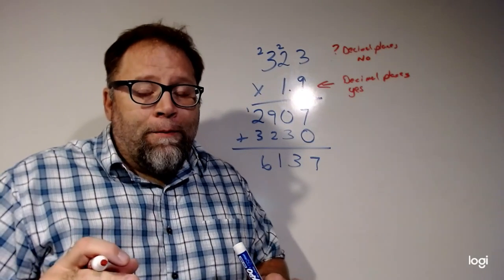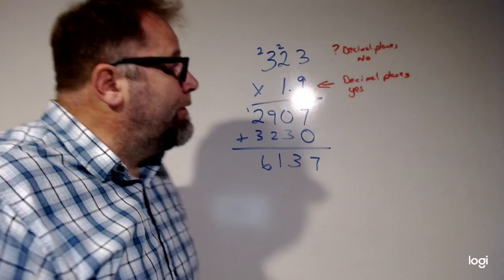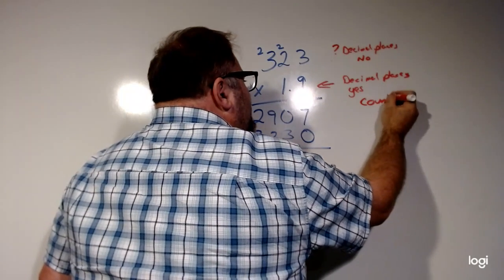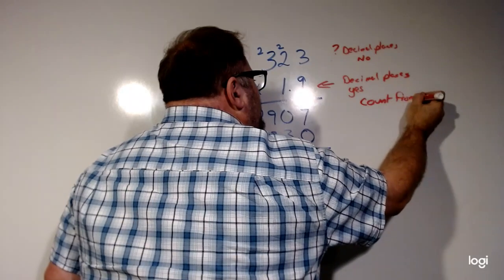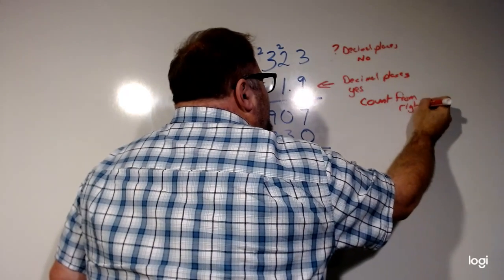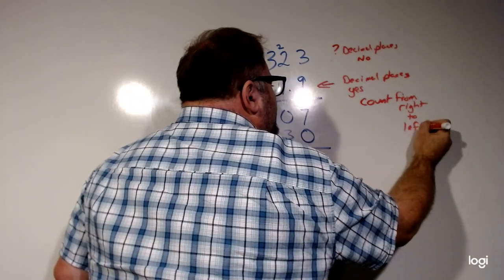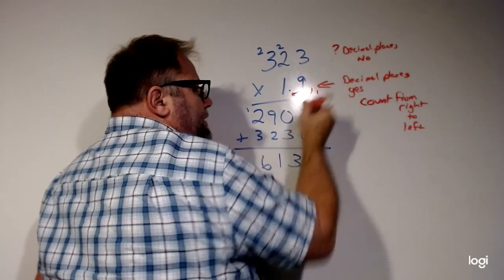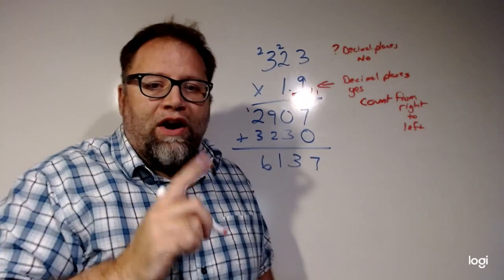There are. Now the question is how many? We're going to count them from right to left. And we go just like this. 1. There's 1 there. Oh, it's right on the light.